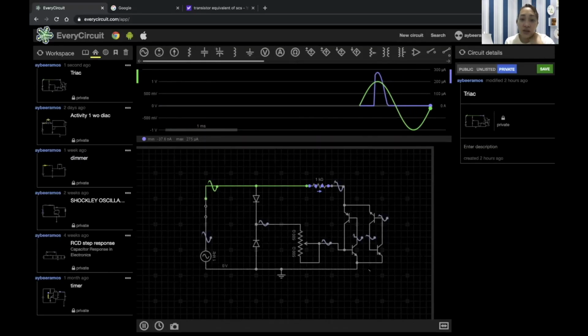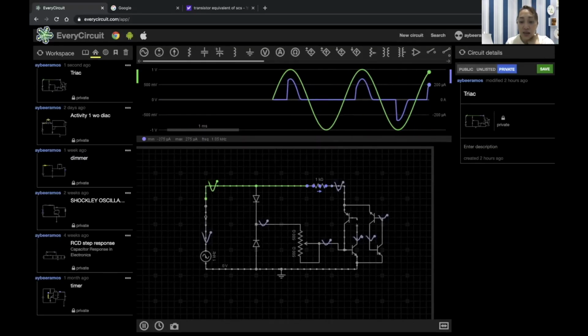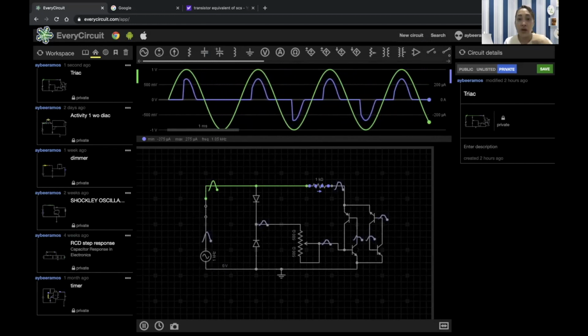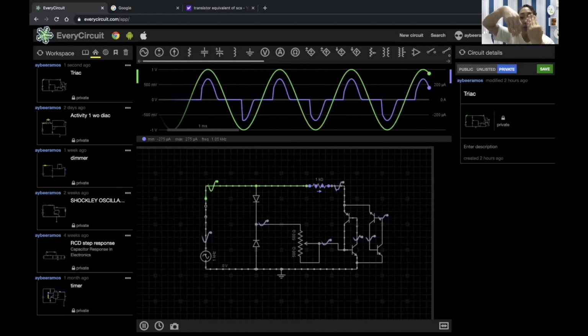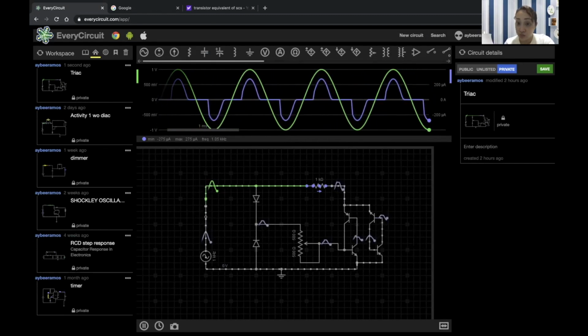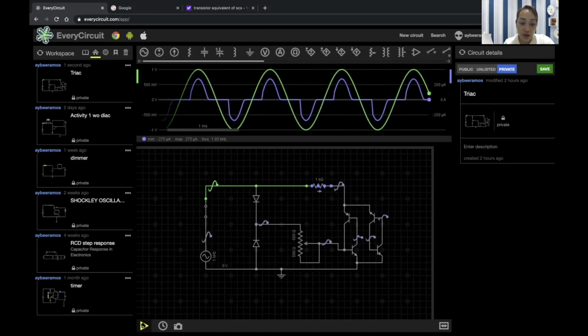So as you can see here, the definition of a Triac is that it is two SCRs connected reverse parallel with a common gate. So this means this is wrong, because why? We need a common gate. So this is the first SCR. This is the second SCR.